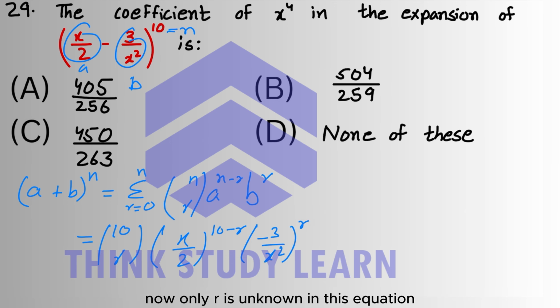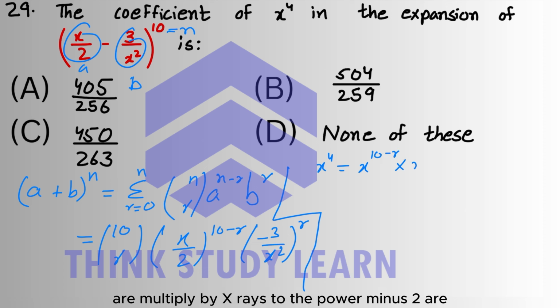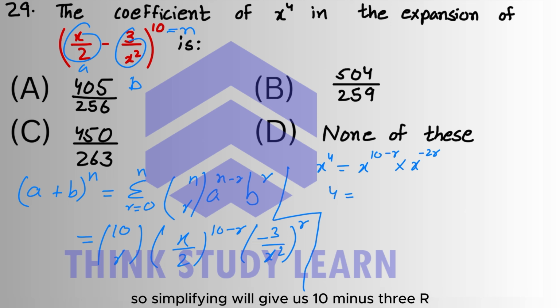Now only r is unknown in this equation, so to find r, we will equate the power of x which we have to find, x raised to the power 4, with all of the variables on the right hand side, which are x^(10-r) multiplied by x^(-2r). So simplifying will give us 10 - 3r = 4, and r comes out to be equal to 2.